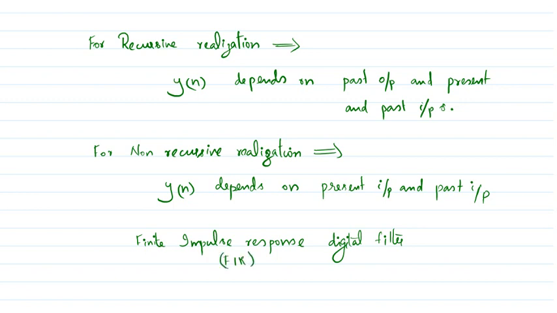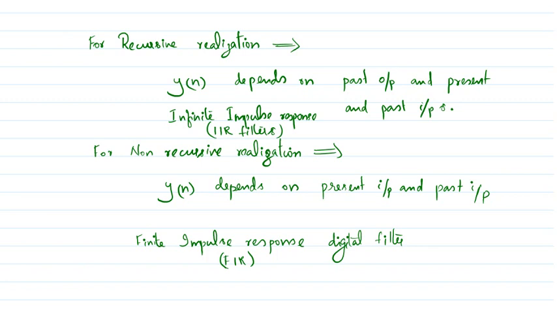And for recursive realization, y of n depends on past output, present and past inputs. It corresponds to infinite impulse response, that is IIR filters. Okay.